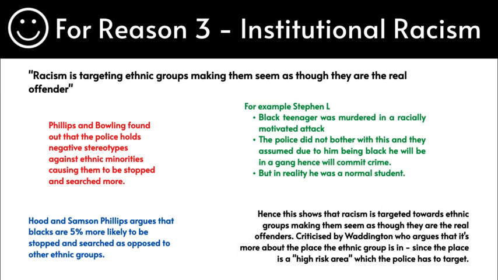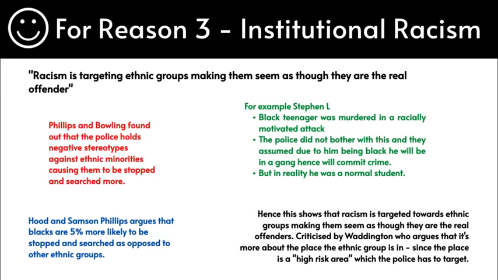However, criticisms are very important. As we look at in the pack, C is a criticism, and you must have a criticism because without criticism, it's very difficult for you to get in the top band. So, this is criticized by Waddington. Waddington is another sociologist. Waddington argues that it's more about the place the ethnic group is, since the place is labelled as a high-risk area, which the police has to target.